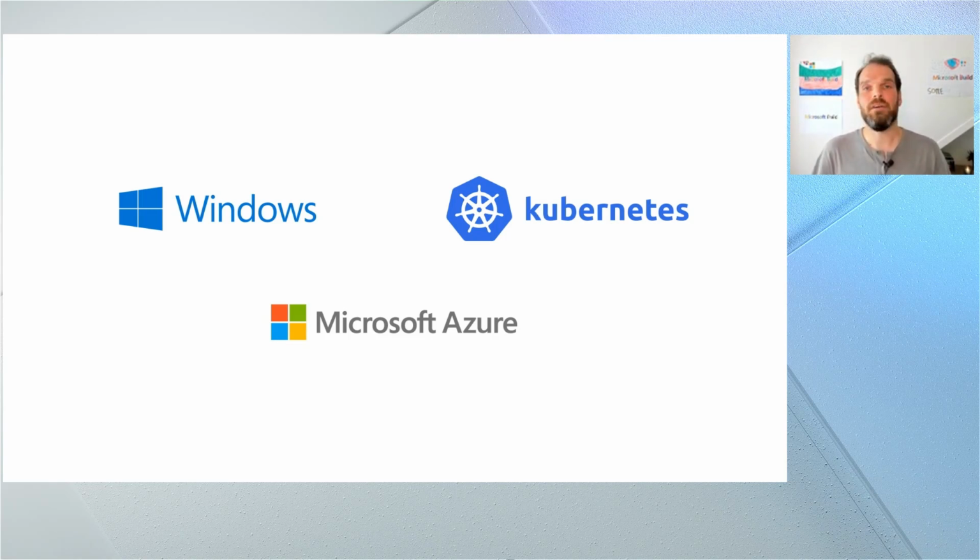But what's more important to you is that the tools that you use to create container images and distribute them and store them in container registries, and also deploy and operate them in a system like Kubernetes, are the same set of tools across Windows and Linux containers, which makes it very easy for you to be put on a path where you can apply the same set of operational procedures to both your Windows and your Linux workloads. Now, we brought all these great features into Azure in the Azure Kubernetes Service.